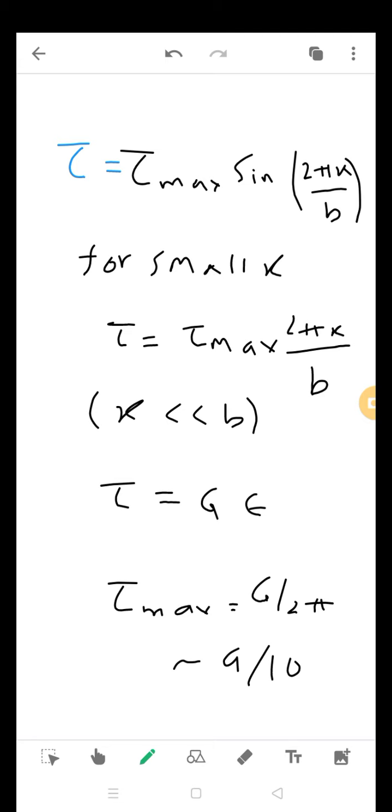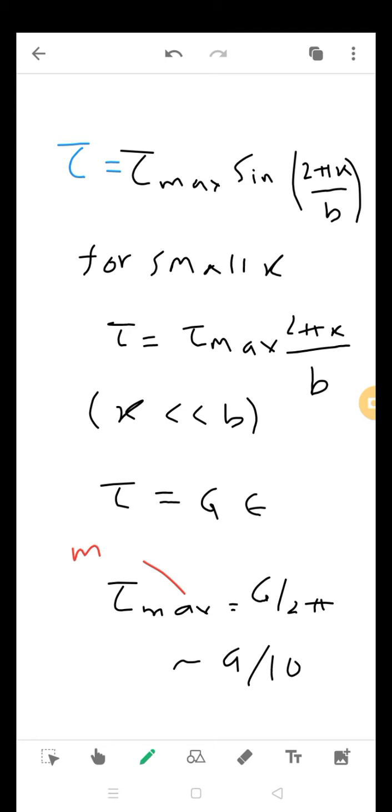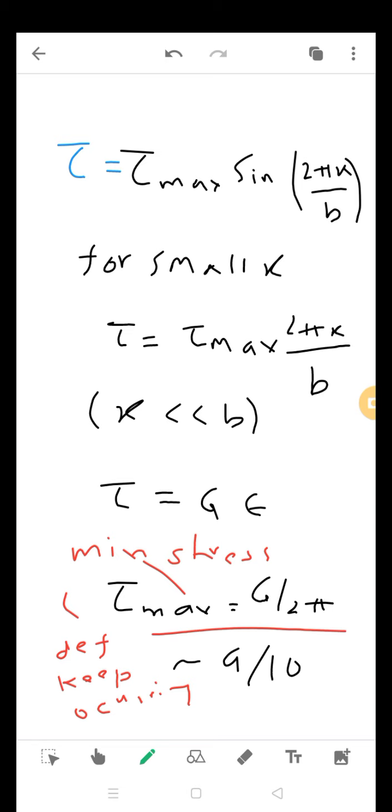So this tau max is the minimum stress required for deformation to keep occurring. And this is the theoretical strength.